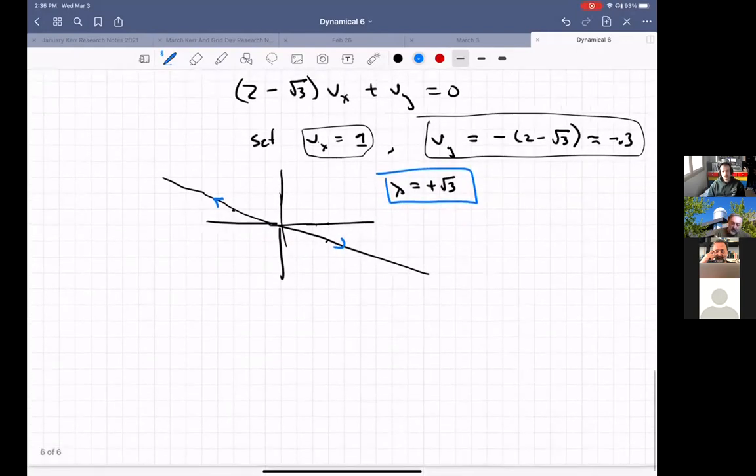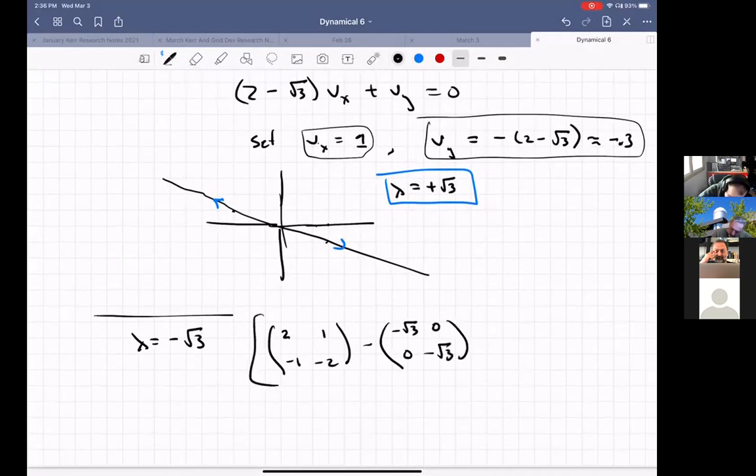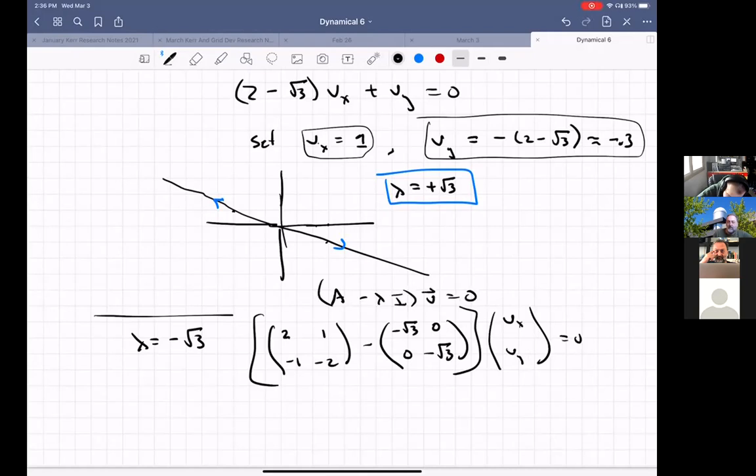Okay, so now I'm going to go back and do the lambda is minus root 3 eigenvalue. So now I have 2, 1, -1, -2, minus root 3, 0, 0, minus root 3, all that times Vx, Vy is equal to 0. So this is A minus lambda I times V is equal to 0. It's my eigenvector equation.